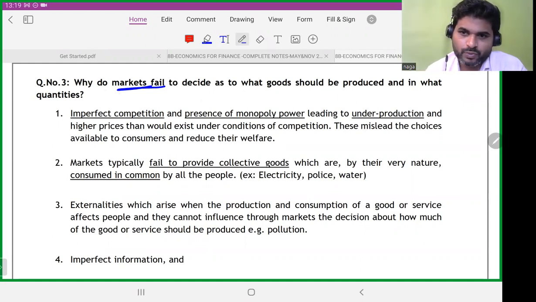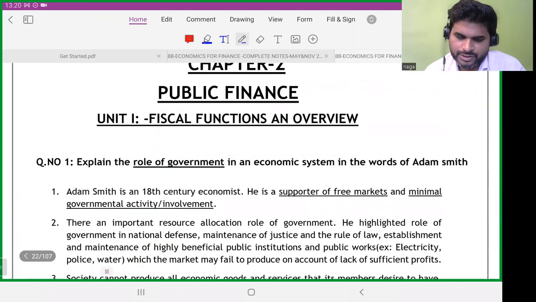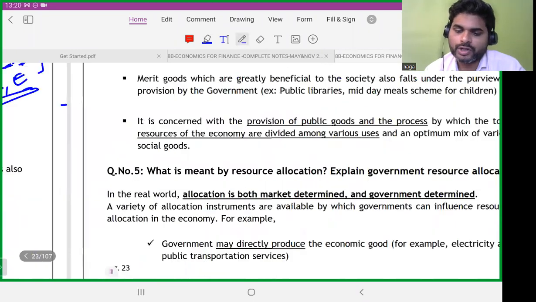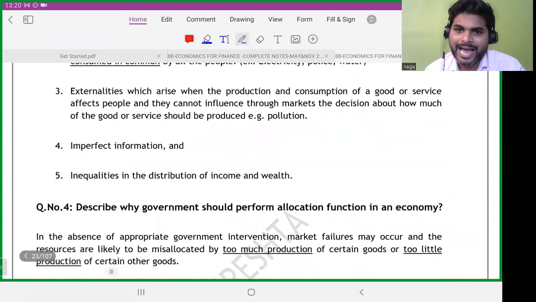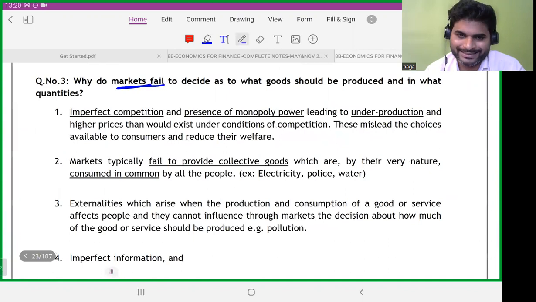So the next question, as a continuation, and we've discussed it, so just quickly covering it in our material. After we completed this, what is the resource allocation function? Let's quickly look at why markets fail to decide what goods should be produced and in what quantities.